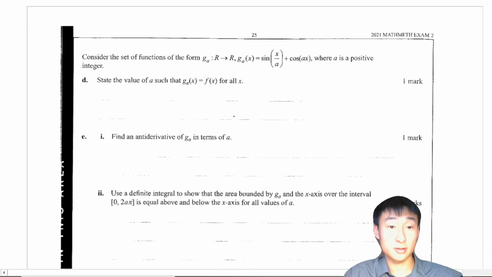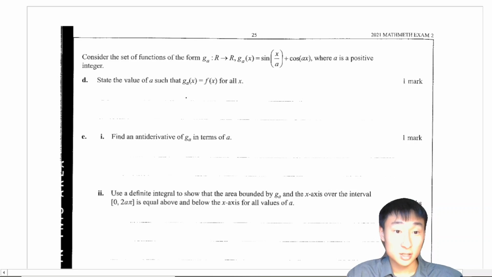Consider a set of functions of the form g from R to R. G of x is equal to, where a state the value of a such that GA of x equals f of x for all x.